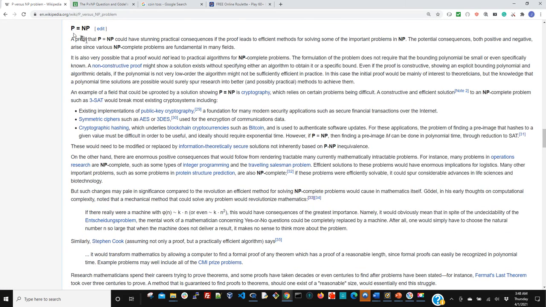Based on the machine that I have, it would seem obvious that I am in the P equals NP camp, and that I would assert that my machine is a proof that P equals NP.